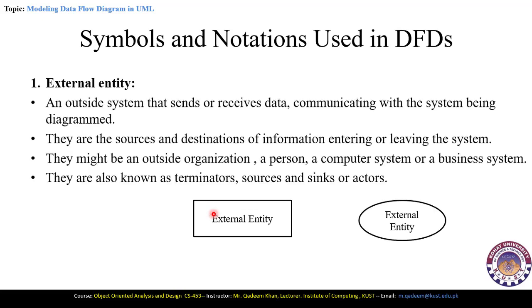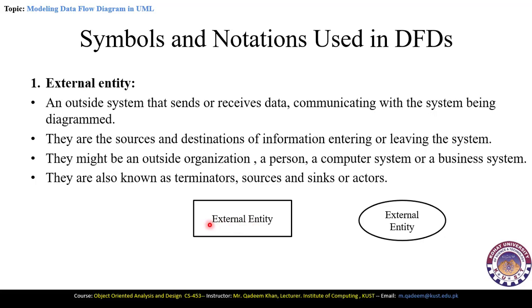So first, there is the external entity in the data flow diagram. The external entity is represented in the form of a rectangle, and inside this rectangle we have a label, and the label specifies the type of entity or the name of the entity. So these are the sources and destinations of information which are entering or leaving the system.